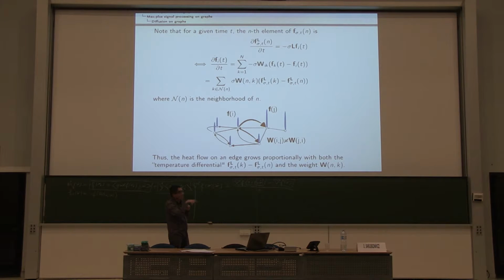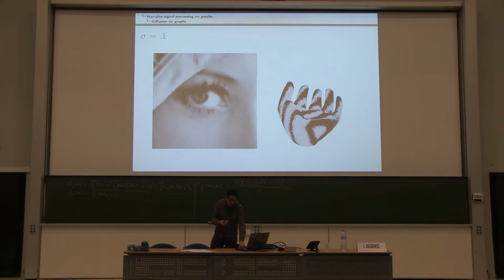The heat flow on the graph grows proportionally with both the temperature difference, that is this expression, and the weight. So we have two components. It's an approximation of first degree, but it's only to say that on graphs we can apply this idea of diffusion.